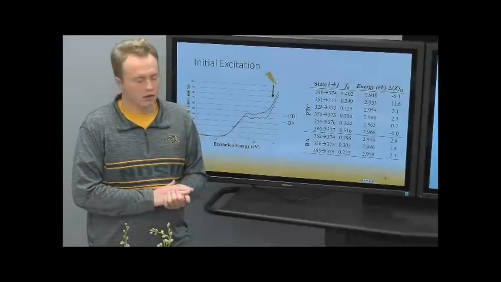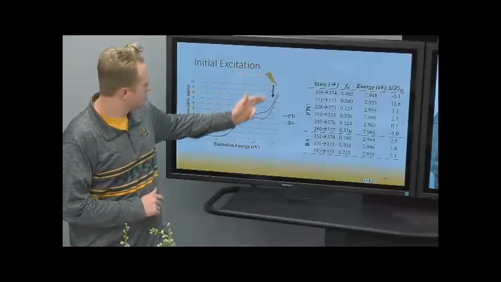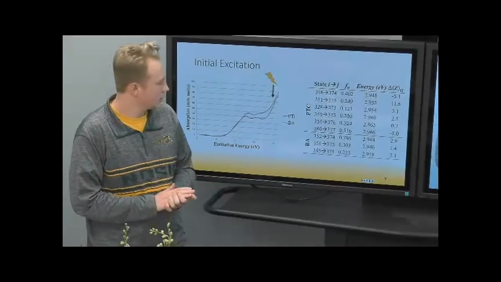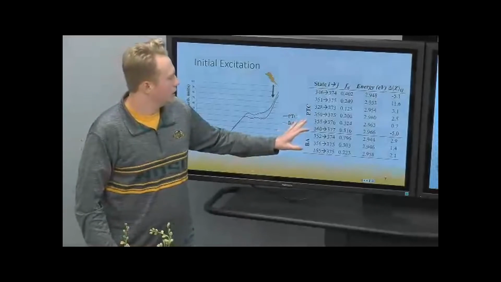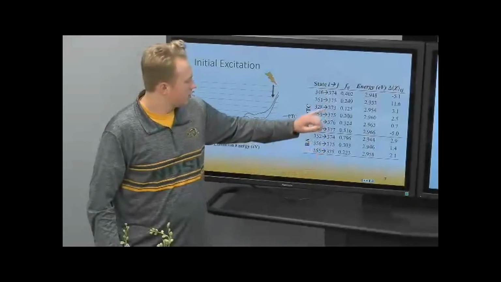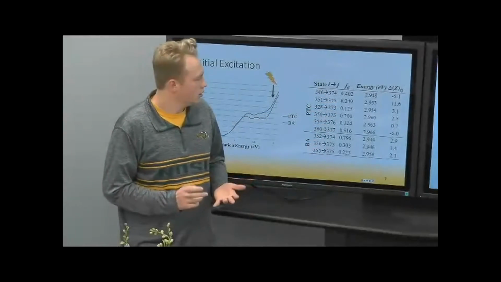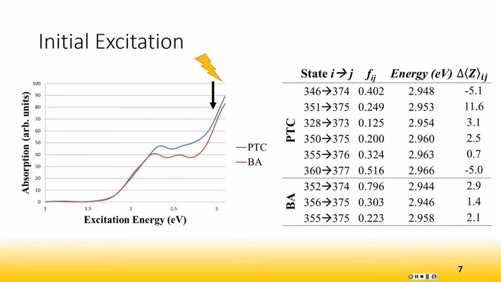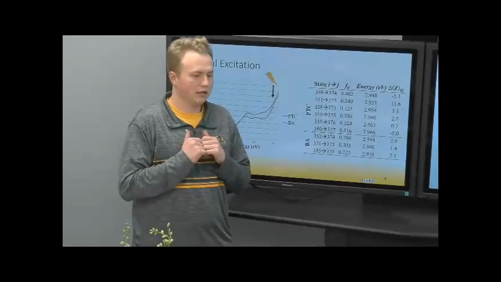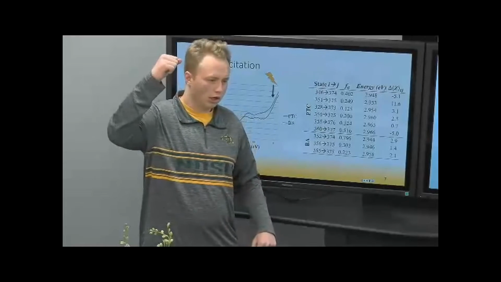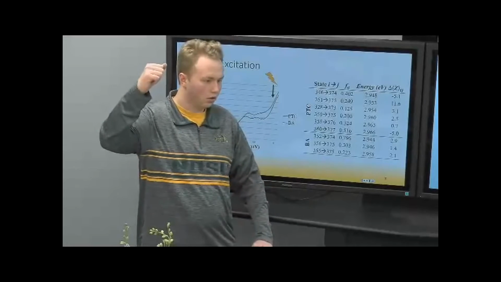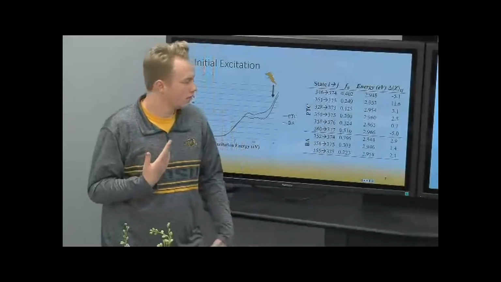In the experiment, they excite at 2.95 electron volts. If we look at the states that are important around that region, we can already see the difference. For the PTC, we have some states that are very charge transfer in nature, which means we have already broken our exciton into the electron and hole, so the hole can be extracted very easily.